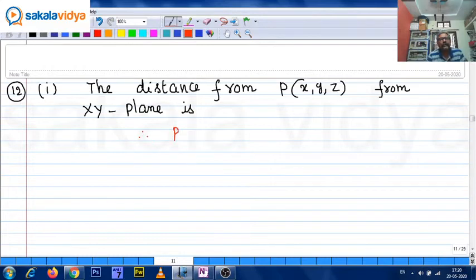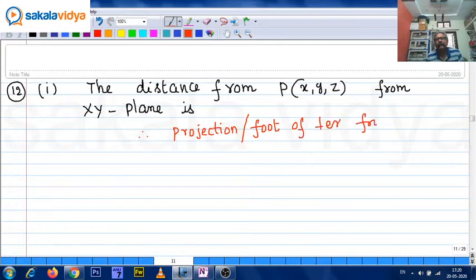See the projection, or the foot of the perpendicular, from P(x, y, z) on the xy plane.